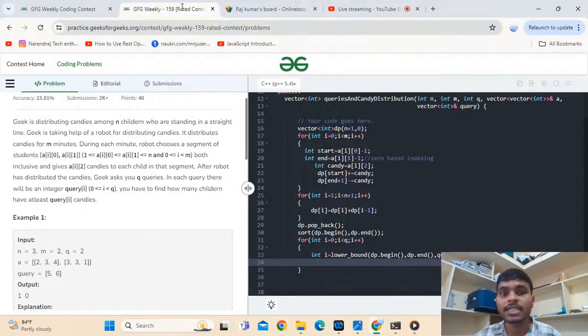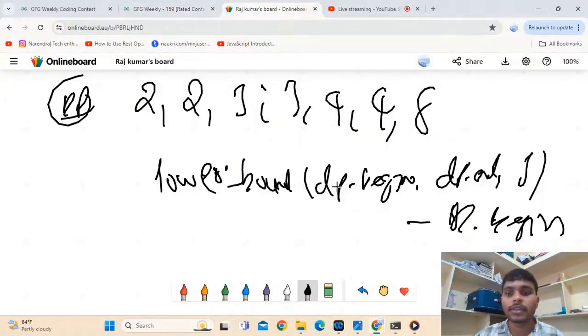So it gives us this index, this position. Now we have to subtract dp dot begin because the lower bound function gives a pointer. If you subtract dp dot begin from it, I will get this index. Now I am counting 1 2 3 4 5 6 7. So guys, here observe, 7 minus 2.